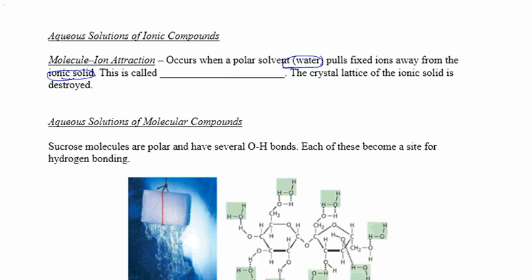If water is the solvent, this is called hydration. The polar water molecules will pull the charged ions away from the solid. We say the crystal lattice of the ionic solid is destroyed.